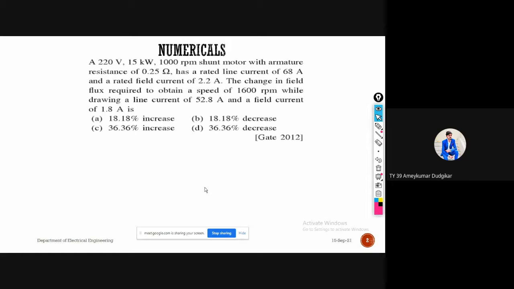The change in field flux required to obtain a speed of 1600 rpm while drawing a line current of 52.8 ampere and a field current of 1.8 ampere is.